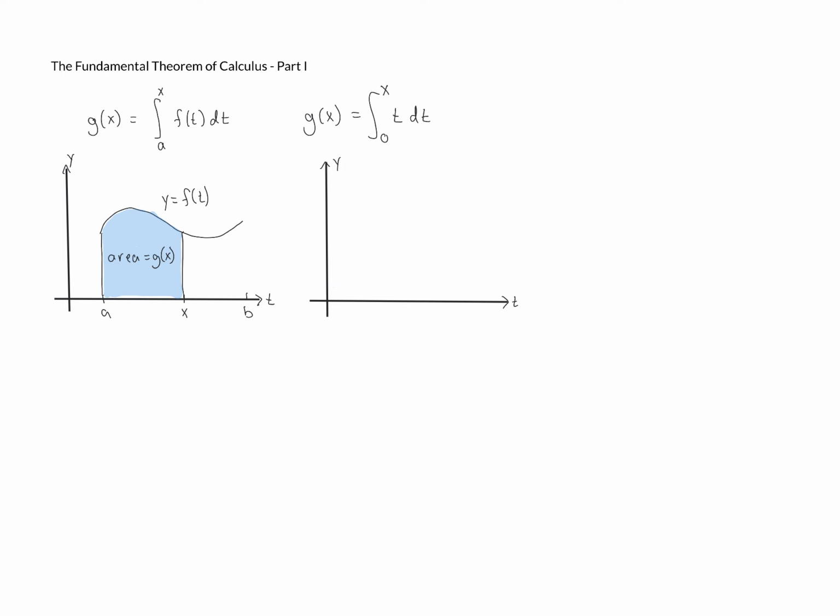This is a linear function, y equals t. You can think of it as y equals x if you're struggling with t. We know that is a diagonal line that goes through the origin and heads up at a 45-degree angle. This is our f of t equals t.